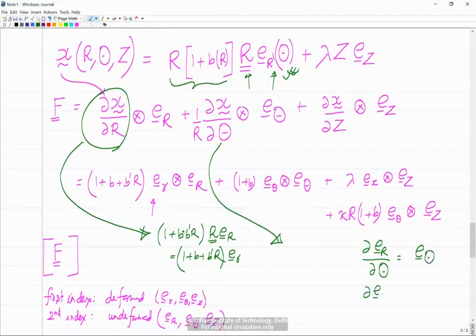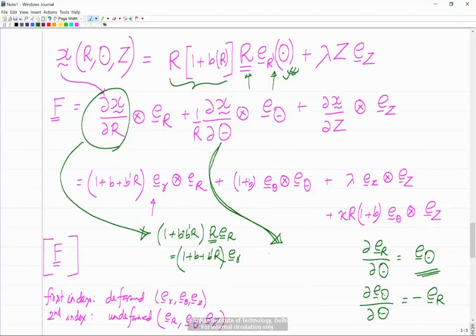And del E theta by del theta is equal to minus E big R. So when you work out this derivative, everything is constant except for E big R, which will change to this one, E big theta, isn't it?